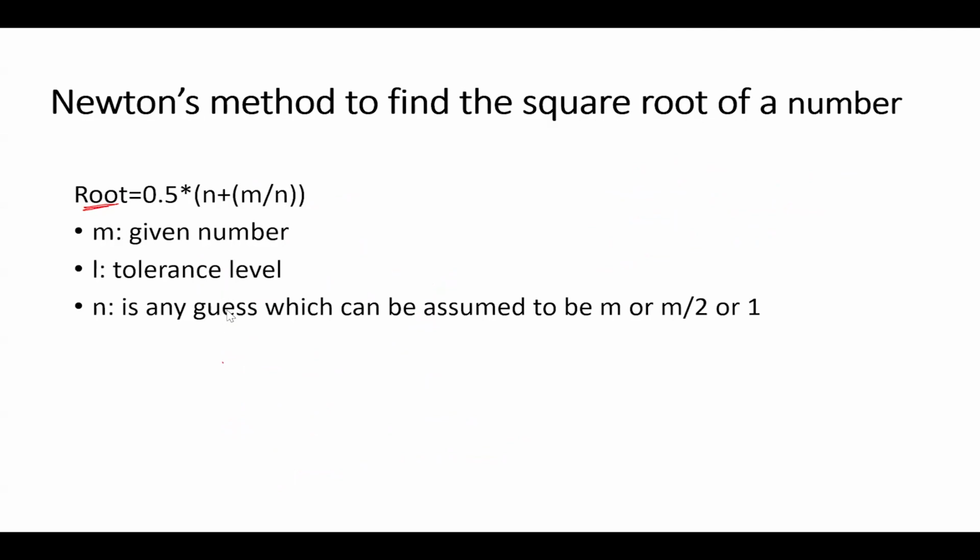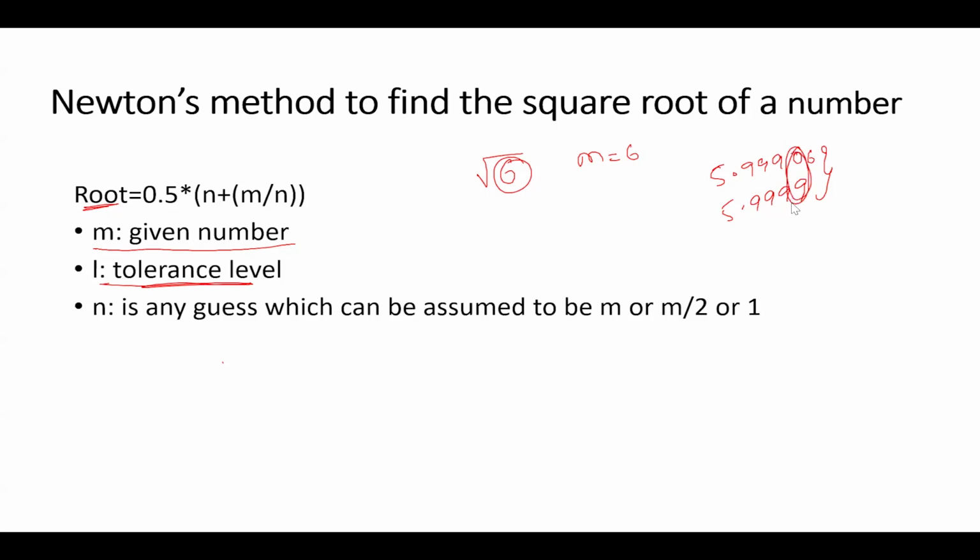Now, what are these n and m? M is nothing but the given number. In our example, we were supposed to find the square root of 6, so the value of m was 6. Now, L is a tolerance level. What is this tolerance level? When I was calculating, I was telling you that it is 5.99906 and 5.9999. The difference between these is the tolerance level.